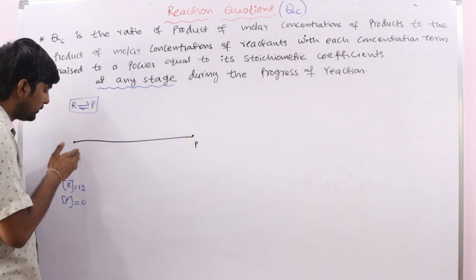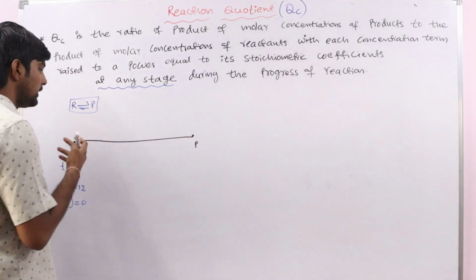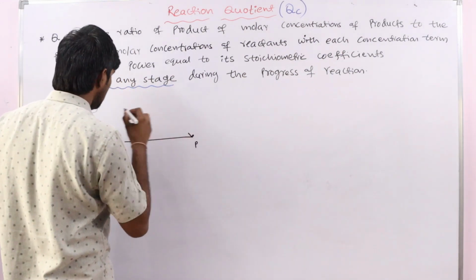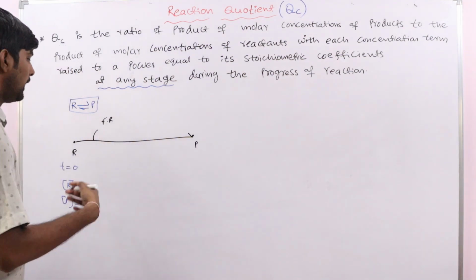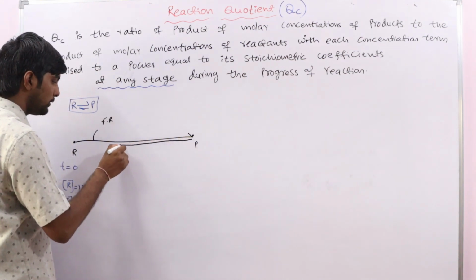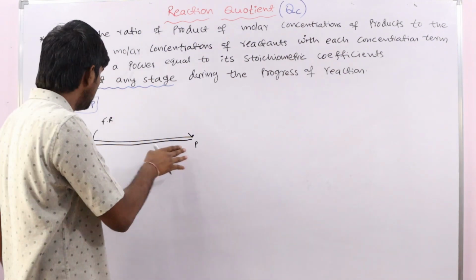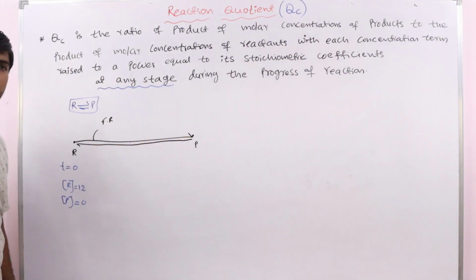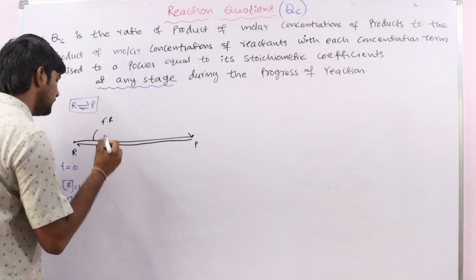Once the reaction starts, slowly the reactants are converted to products, and this is a forward reaction. After some time, some of the product molecules are converted back to reactants, and this is a backward reaction.